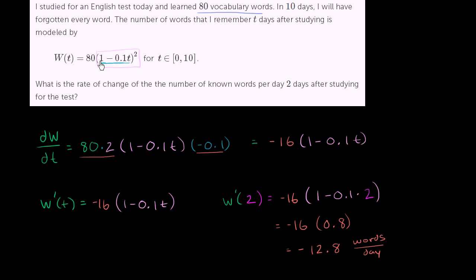So if you believe this model for how many words we know on a given day, this is saying that right at the day 2 point, exactly 2 days after studying for the test, I am essentially losing 12.8 words per day. The number of words I know is decreasing by 12.8 words per day.